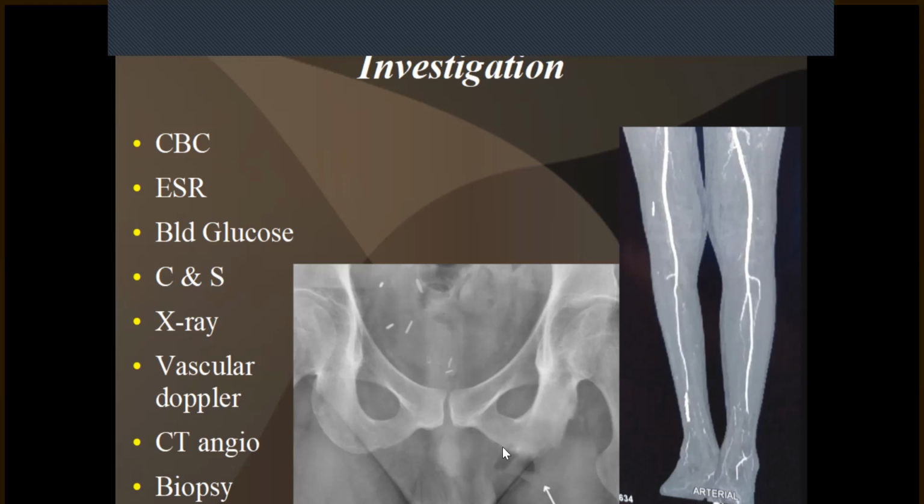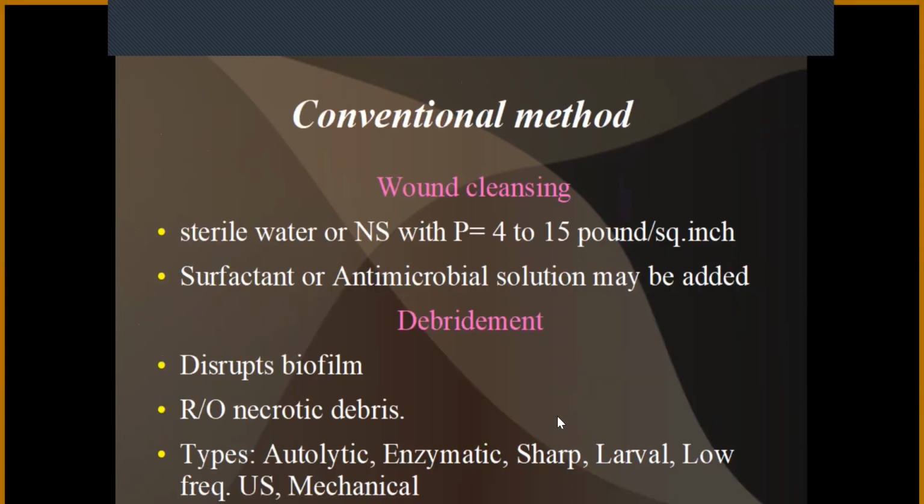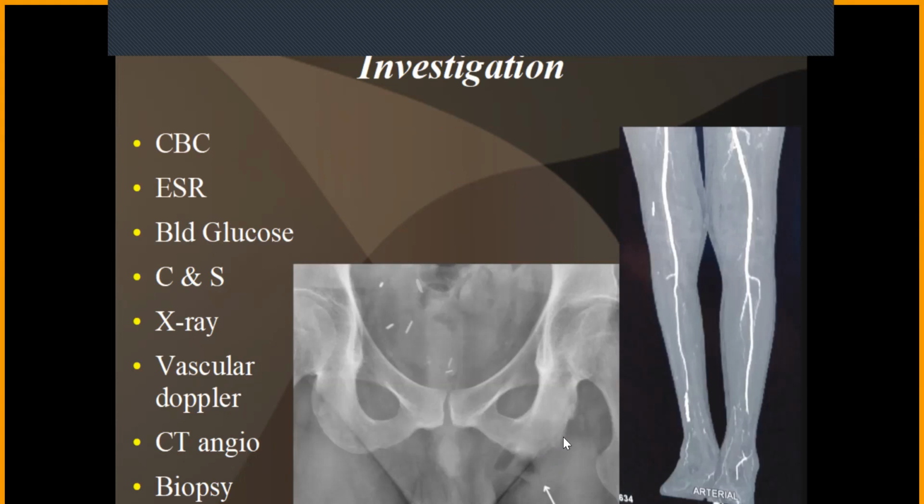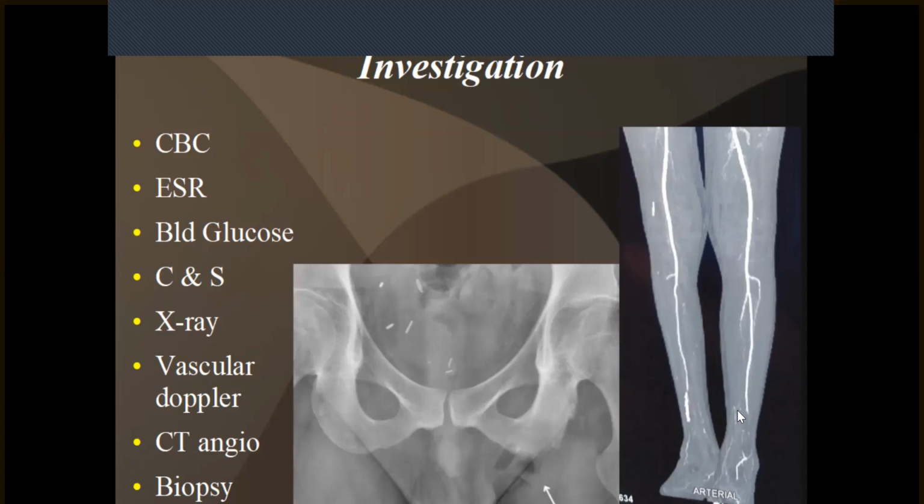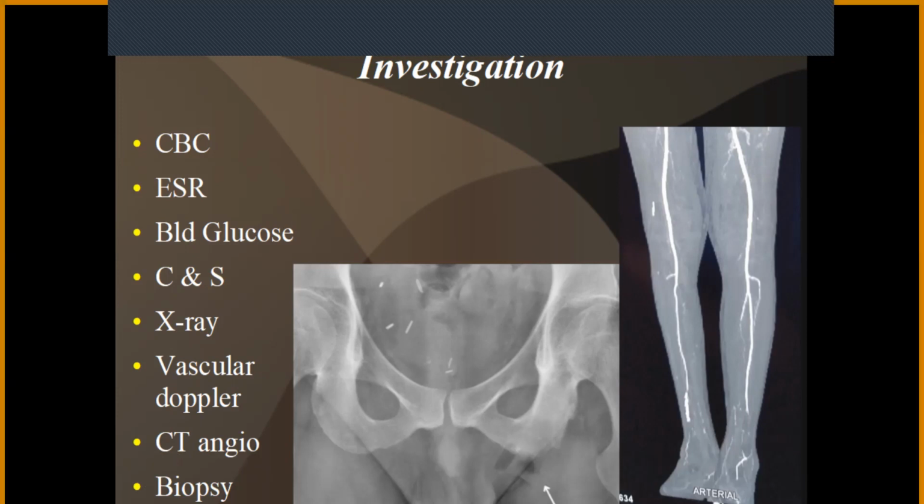You can see this is an ischial ulcer having gas in the tissue and irregular margin of the ischial tuberosity, which is the sign of osteomyelitis. You can go for vascular Doppler, and if you need more sensitivity, then go for CT angiogram. This picture is from NIRTAR, having the artery cutoff sign here. Then to confirm the etiological agent, you can go for biopsy also.